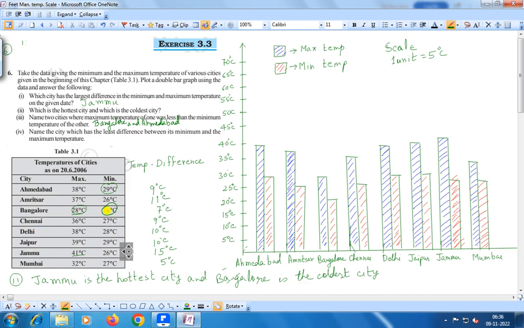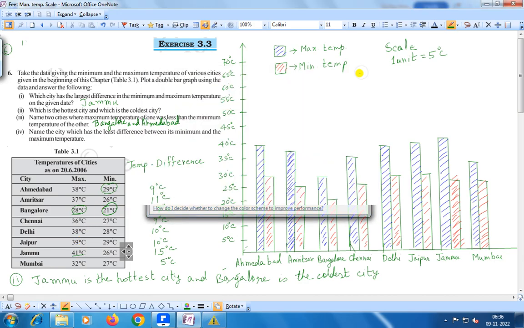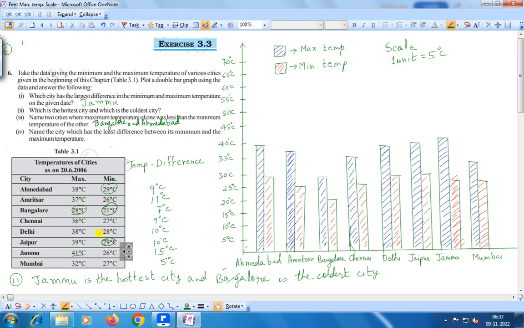In Bangalore, the minimum temperature is 21 degrees centigrade, and in case of Jaipur, the maximum temperature is 39 and minimum temperature is 29 degrees centigrade.